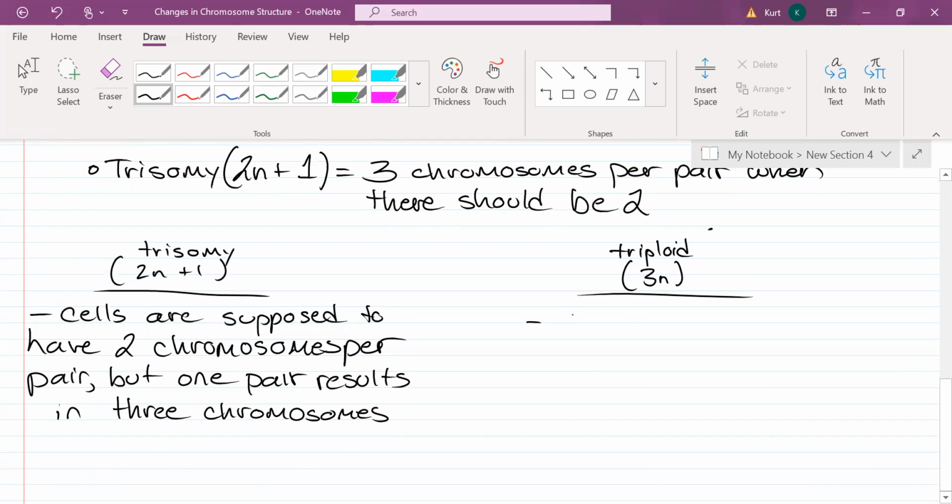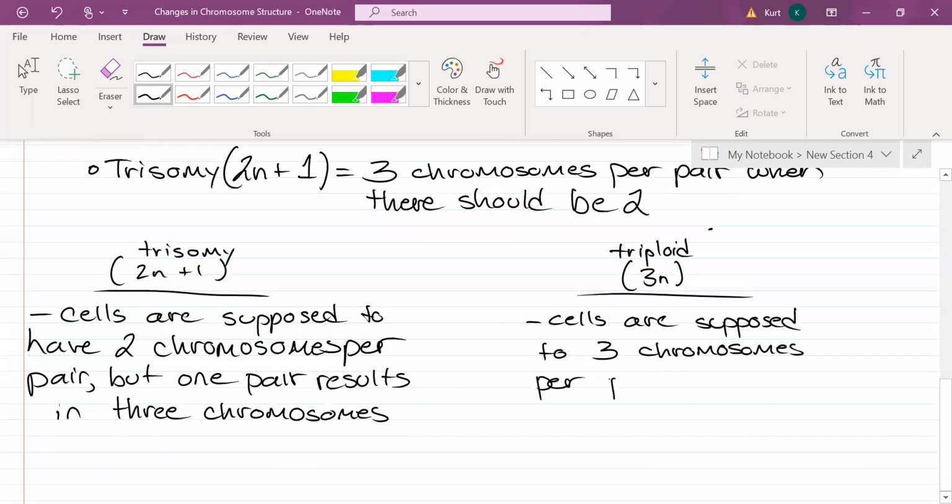And then triploid would be cells are supposed to have 3 chromosomes per pair. All chromosome pairs would have 3, which kind of is antithetical because that's what a pair means. Pair means 2, not 3. Okay. So, yeah. Go ahead.